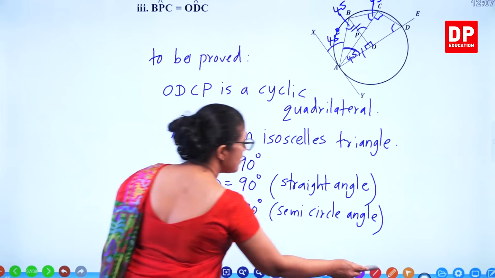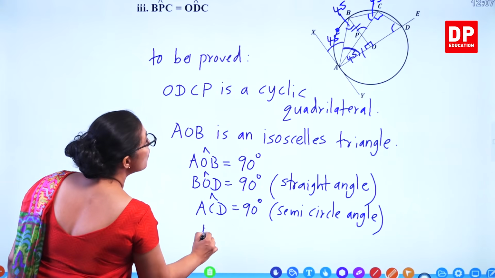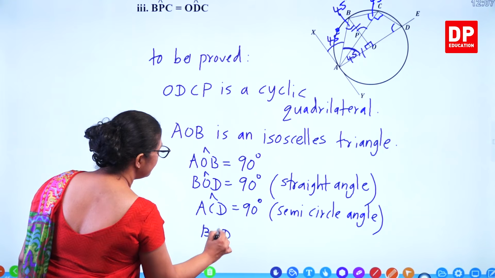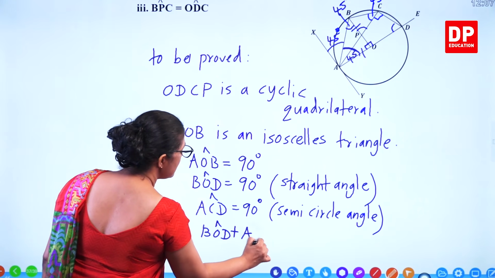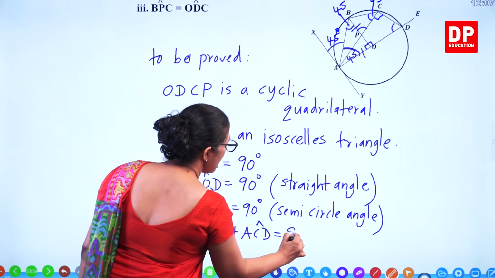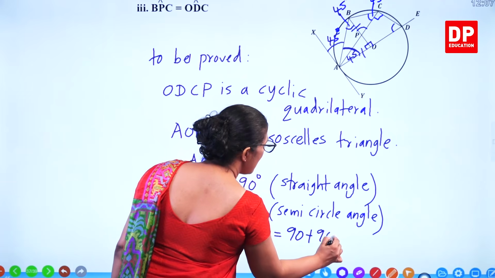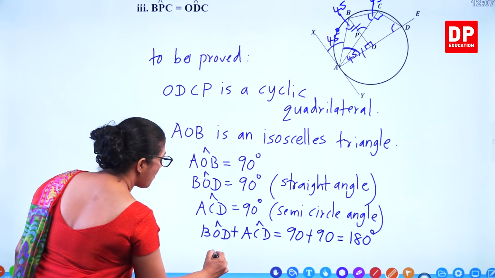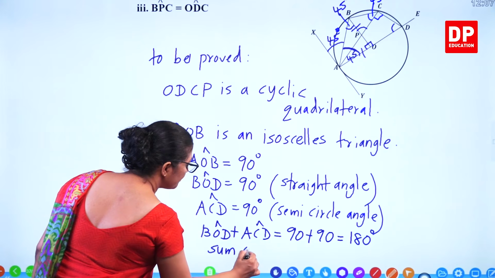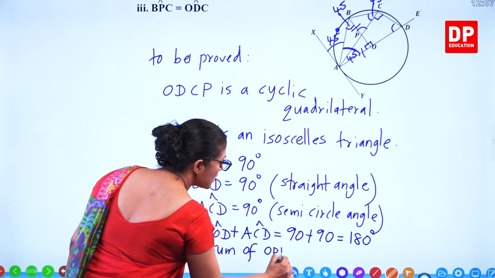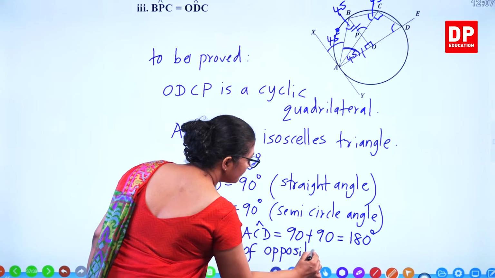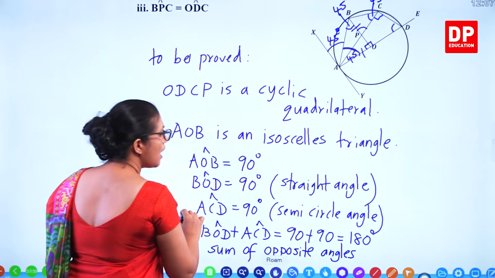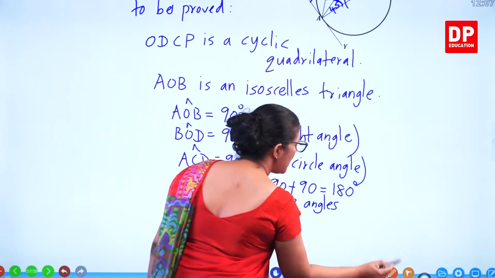You can add these two: angle BOD plus angle ACD, 90 plus 90, 180. So the sum of opposite angles adds up to 180.